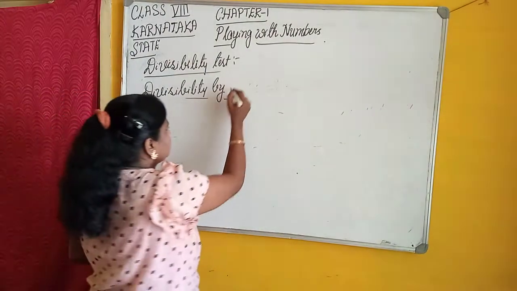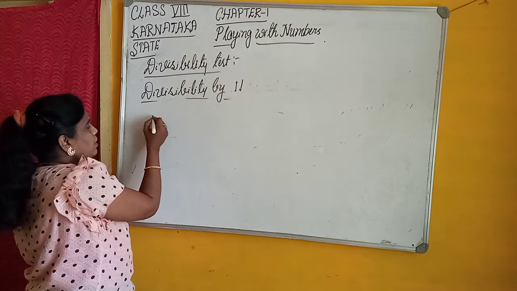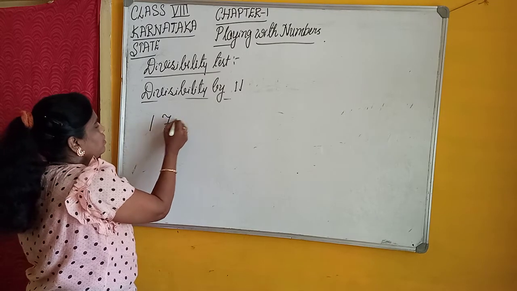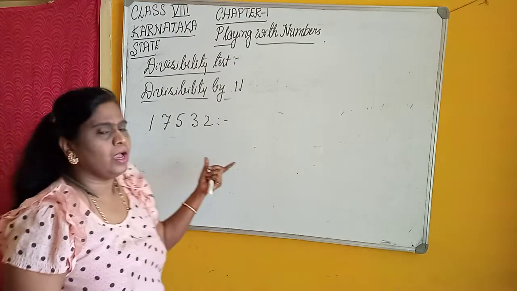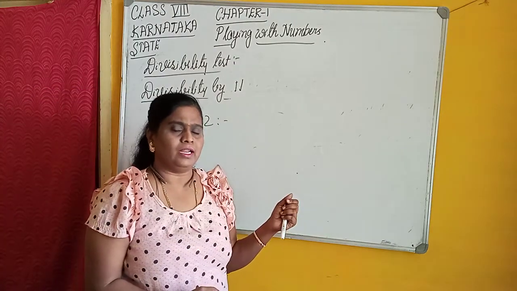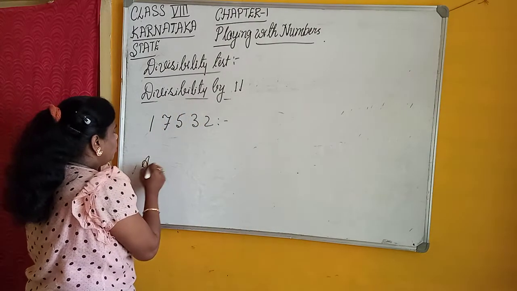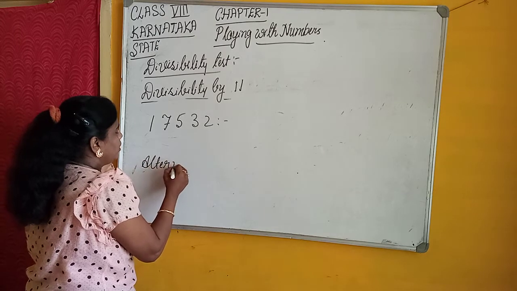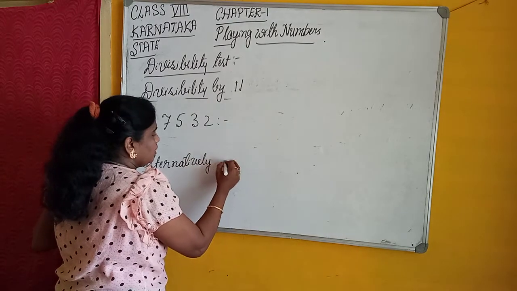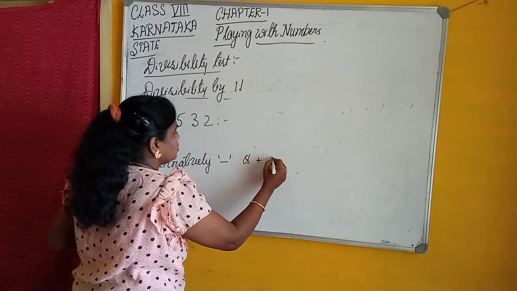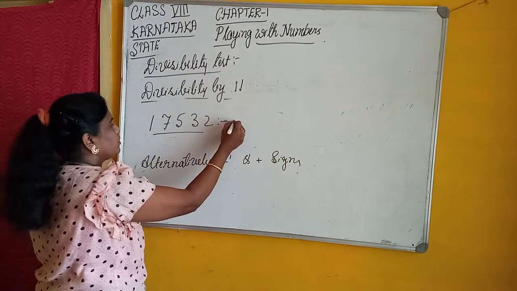For any given number, for example 1, 7, 5, 3, 2, we have to put alternately negative and positive signs. Okay, let us take this example.